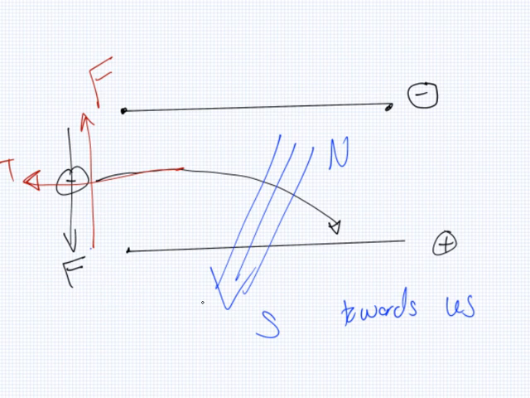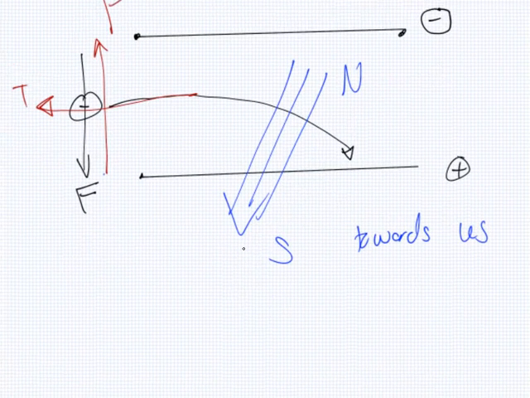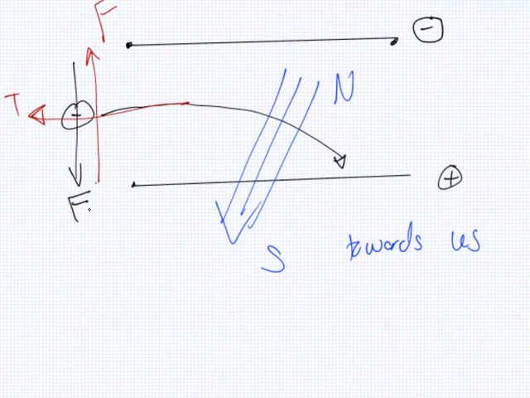How big does this force need to be? Well, it needs to equal this. So this force is caused by the electric field, and the formula for that is QE. But what's the formula for E? V over D. And does anyone remember the formula for the force caused by a magnetic field on a charge?